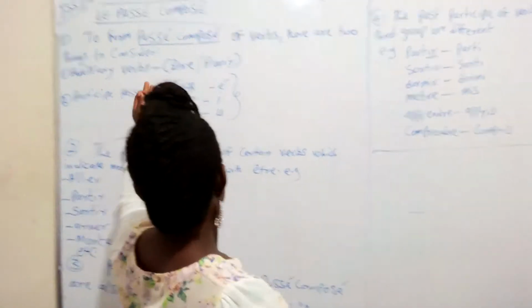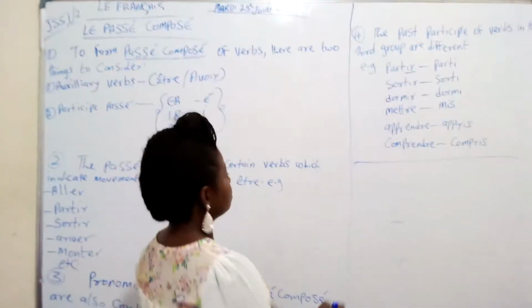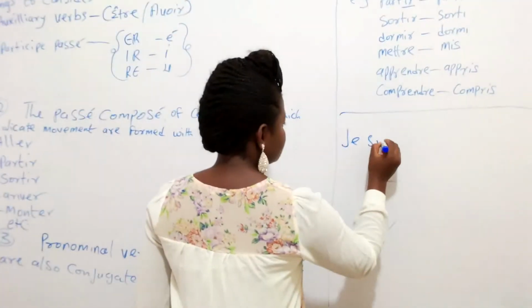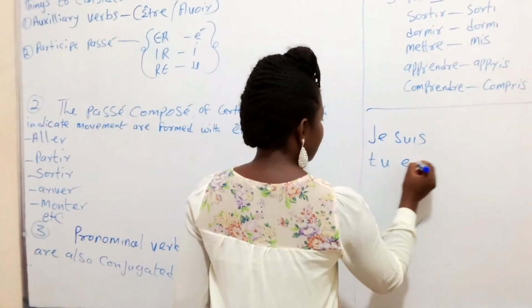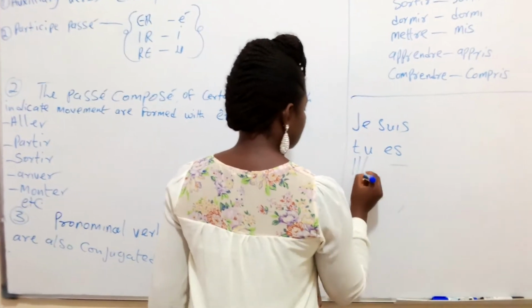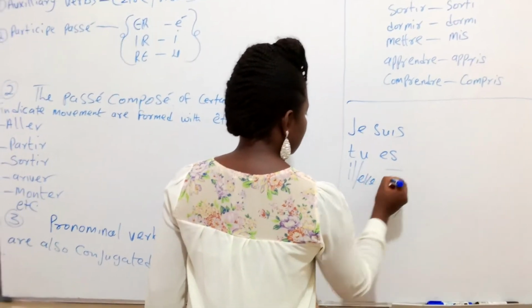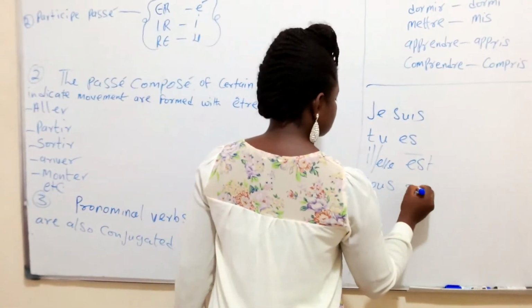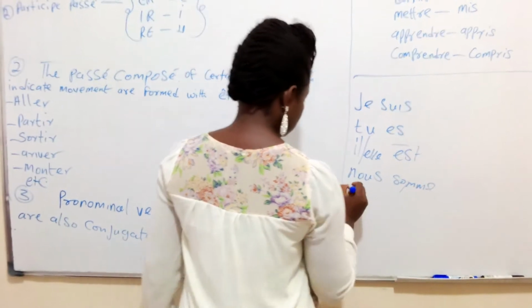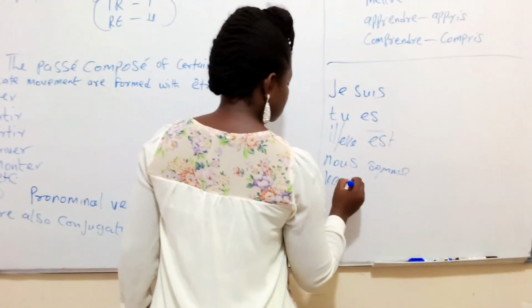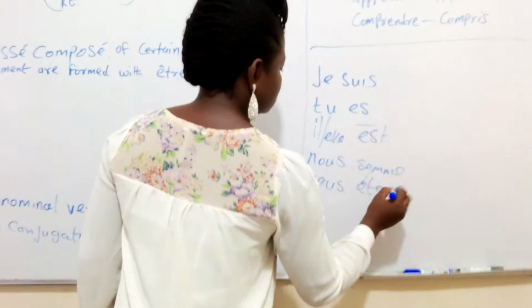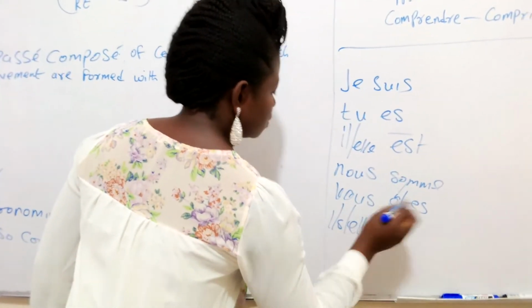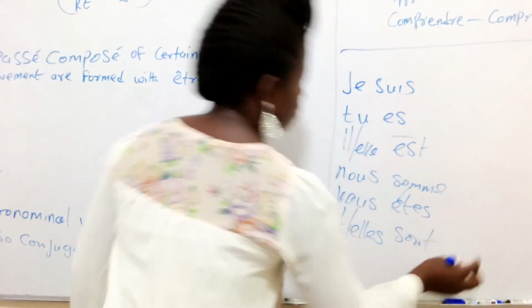When we have être, we conjugate être in the present tense, which is je suis, tu es, il ou elle est, nous sommes, vous êtes, ils ou elles sont.